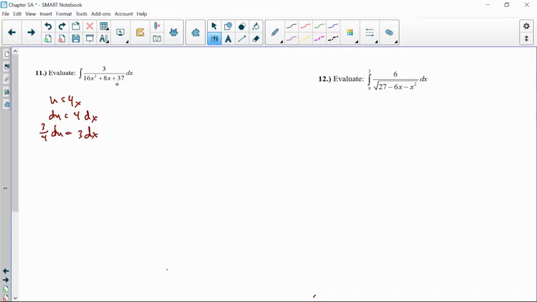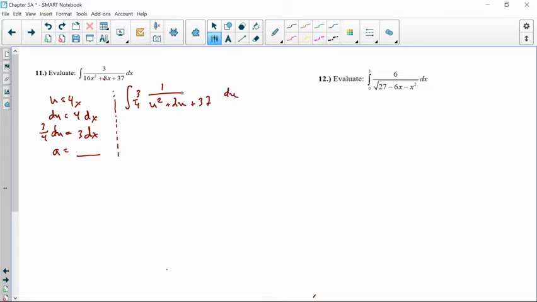And then before I determine my a, let's go ahead and figure out what this is as a completed square. So right now, I'm doing this one just slightly different. So that's 3/4, and then it's going to be 1 over, and this is u squared. Now 8x could be represented as 2u, and then we still have our 37.